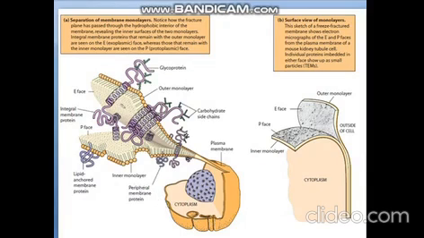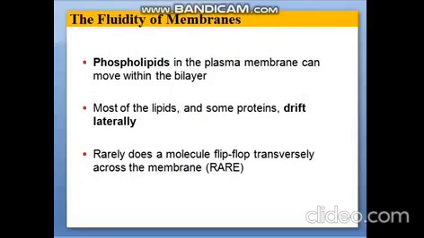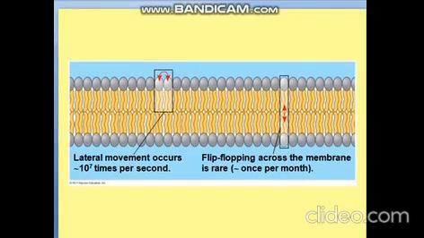Okay, now we move towards our next slide, and the next slide is showing the fluidity of the membranes. As I told you, these cells are solid, but they behave like liquids, and the movement is going on even in the phospholipids. Here you see this movement is called lateral movement.